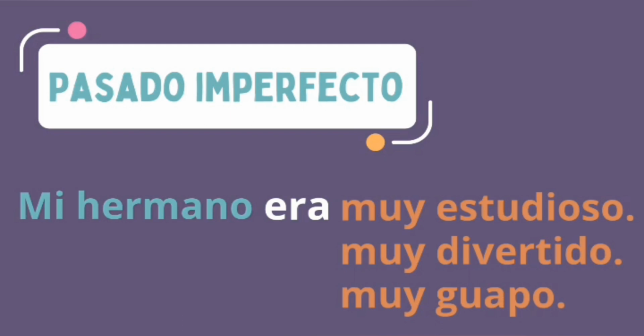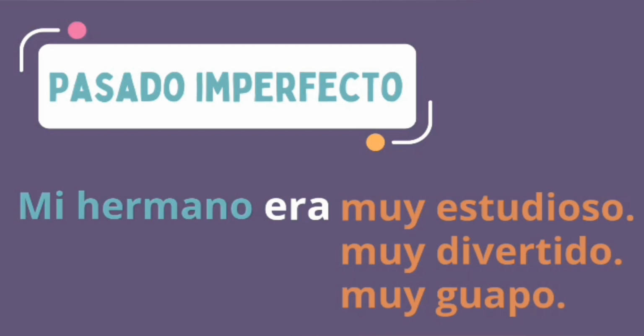And we have this sentence, my brother was very studious, like when he was younger, or I don't know if he's still like that, but I'm talking about when I knew him in that stage, okay? My brother was very studious. To say this, you have to say mi hermano, my brother, mi hermano was, era, very studious, muy estudioso.